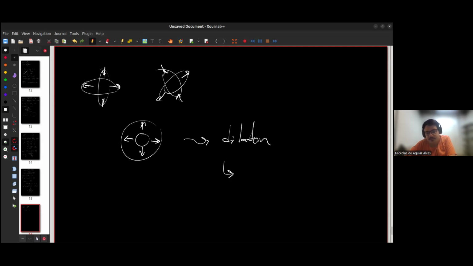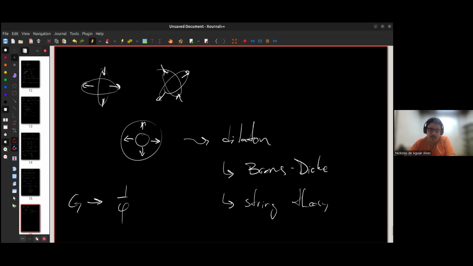In the simplest way, this is what we call Brans-Dicke gravity, which is just a modification of general relativity that promotes the Newton constant to this new field, which we call the dilaton. And these sorts of things also appear, for instance, in string theory as one of the possible modes of oscillation of a string.